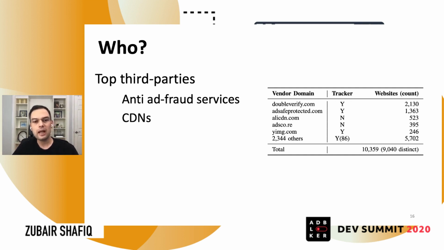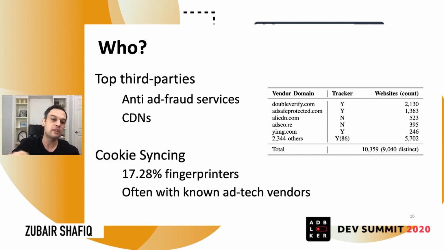We tried to do some analysis to figure out what the intent behind fingerprinting is. Are they trying to do fingerprinting in lieu of cookies, or are there some other reasons? It's quite hard to assess this intent. But when analyzing these fingerprinting scripts, we found that about 1/5 of them were engaging in cookie syncing.